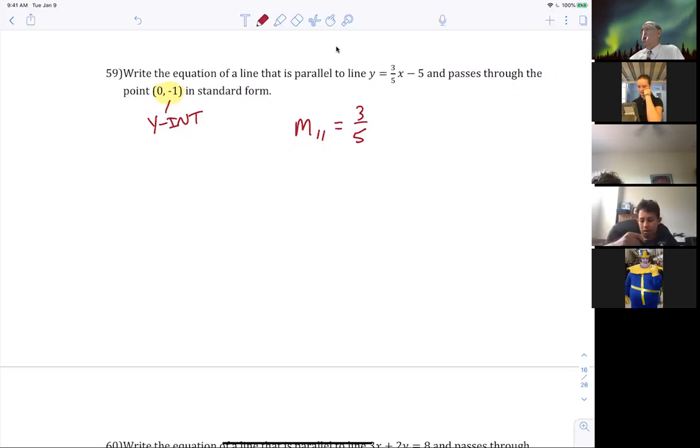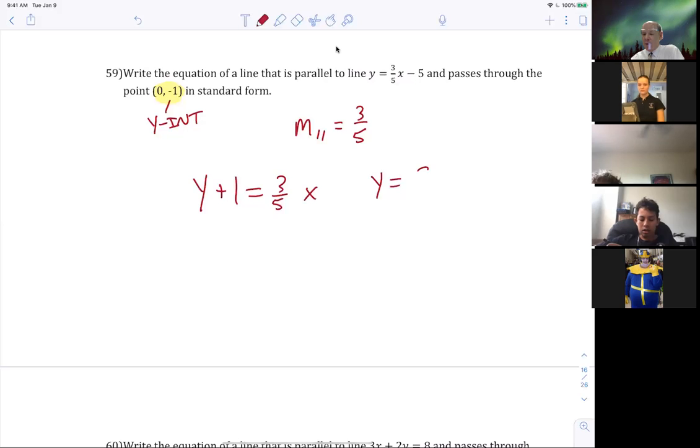Oh, Sam, help him out. Olivia. Yes. All right, but because that's the y-intercept, we could have just said y equals 3/5 x minus 1. Right?